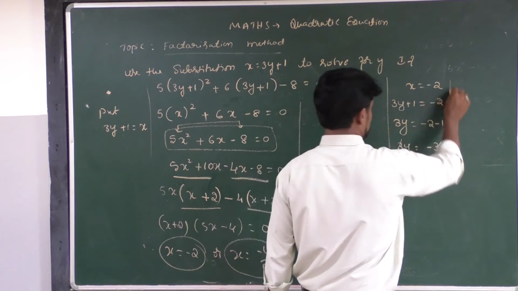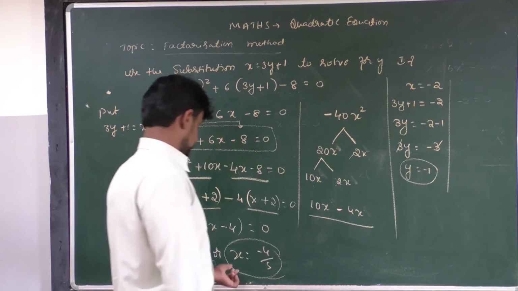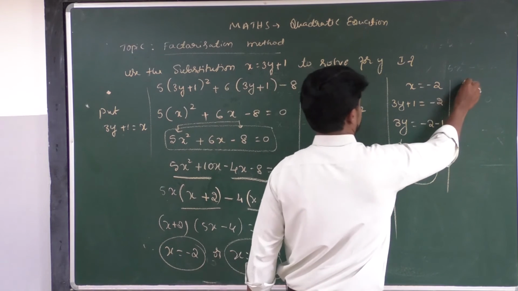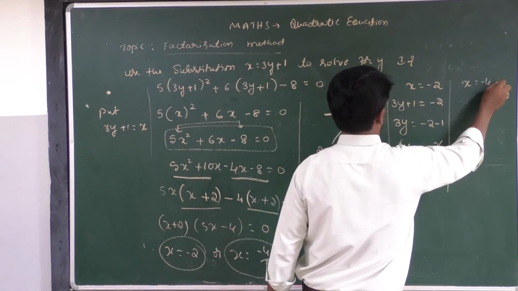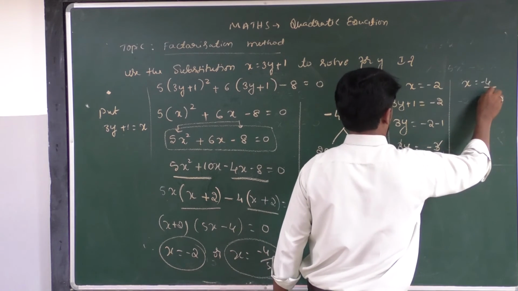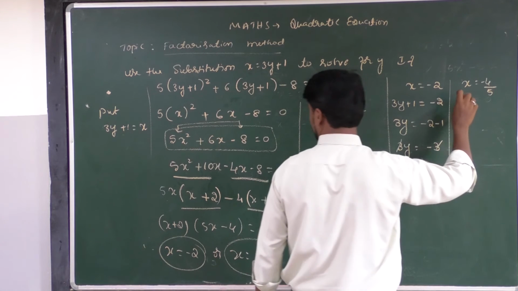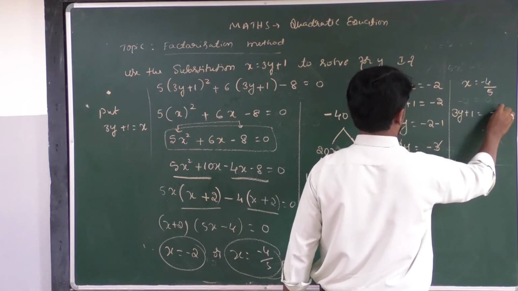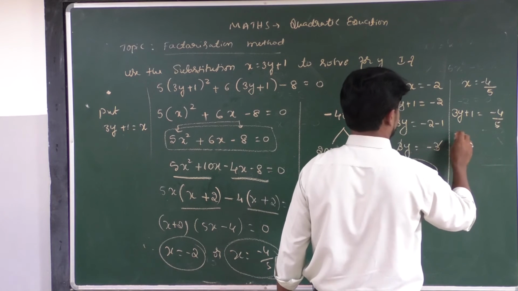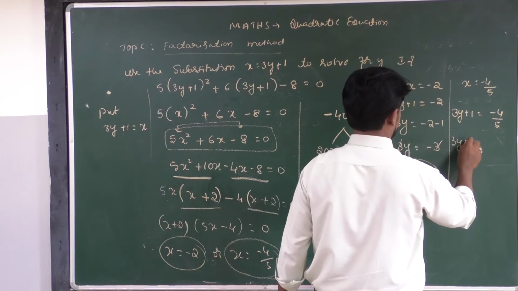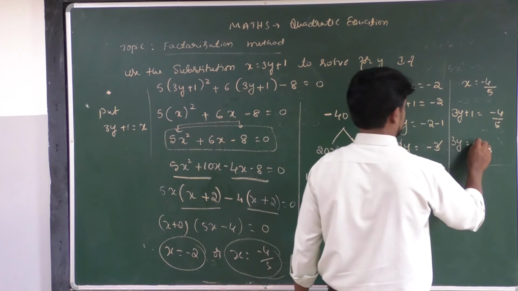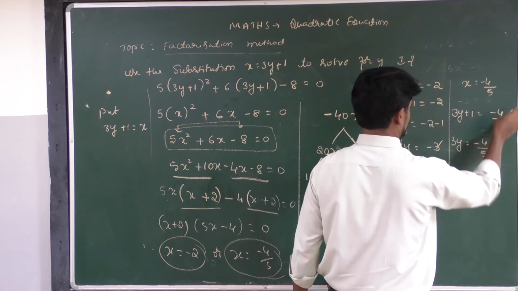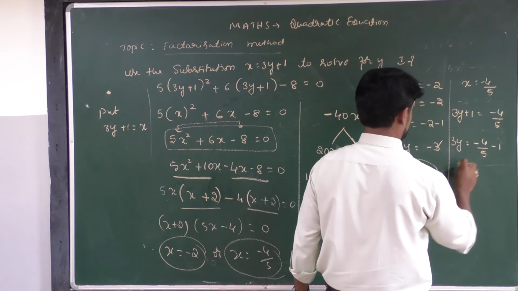In this way find the other value of y. The other value is x is equal to minus 4 by 5. What is the value of x? x is equal to 3y plus 1. 3y plus 1 is equal to minus 4 by 5. Therefore, 3y is equal to minus 4 by 5, 1 goes to the right side, then it becomes minus 1.